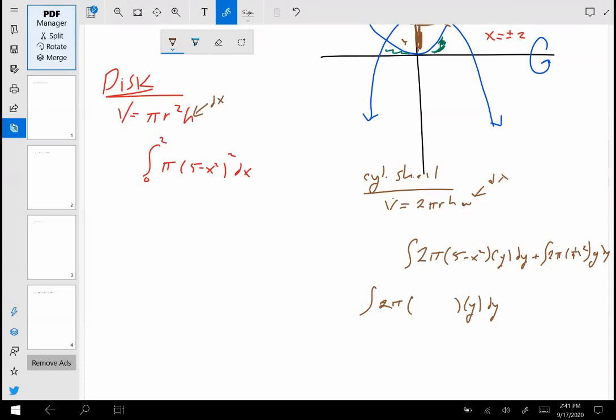Now, in terms of y then, if y equals 5 minus x squared, then we'll have x squared equals 5 minus y. We'll have to take the square root. So that'd be the square root of 5 minus y.